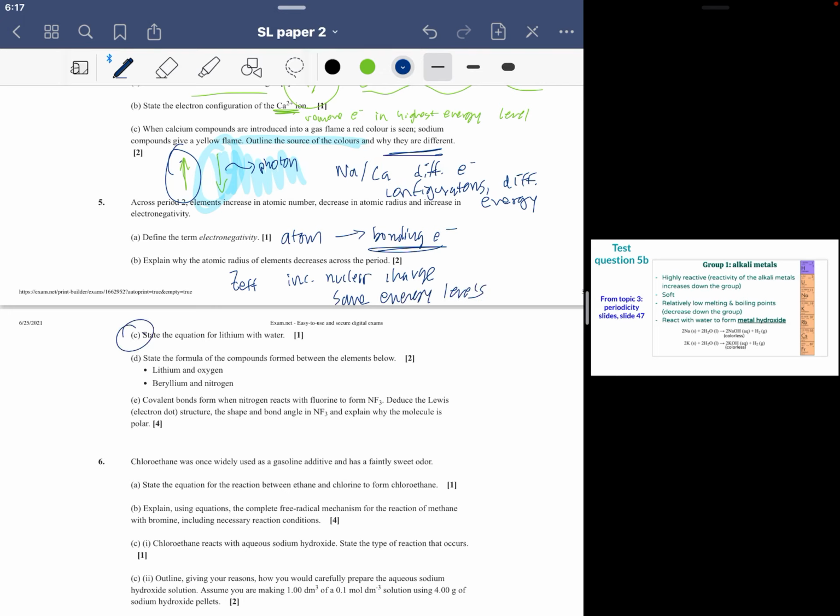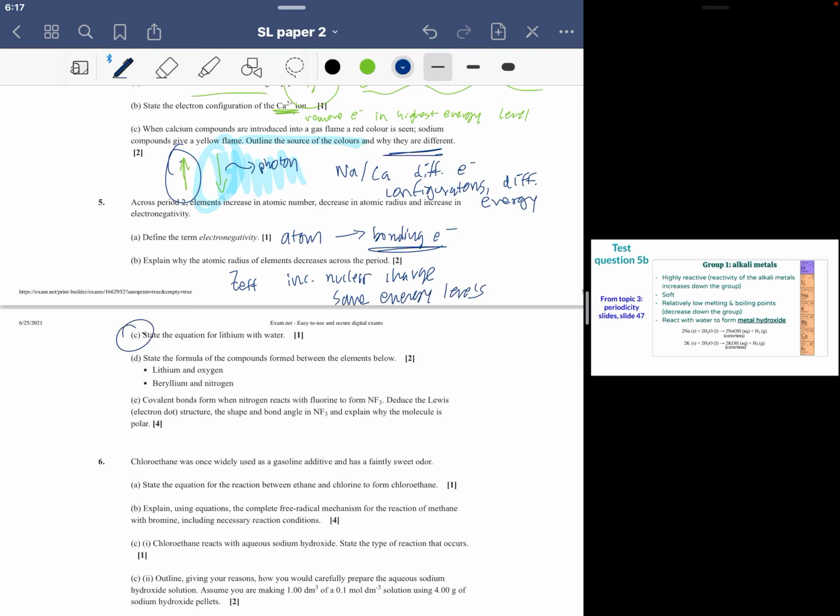The bond angle, you did need to be specific that it's less than 109.5 degrees because we do have lone pairs. We know that pushes these angles to be a little bit smaller, so you might have said something like 107 there to get full points.